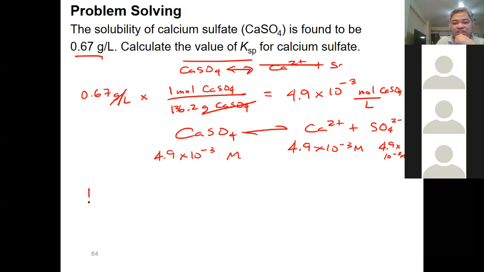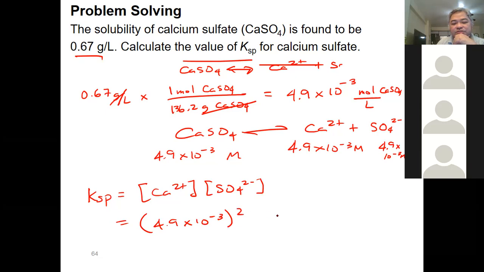So if I have the KSP, that is equal to Ca2 plus times SO4 2 minus. So I get the value there, which are just the same. So what do I have?